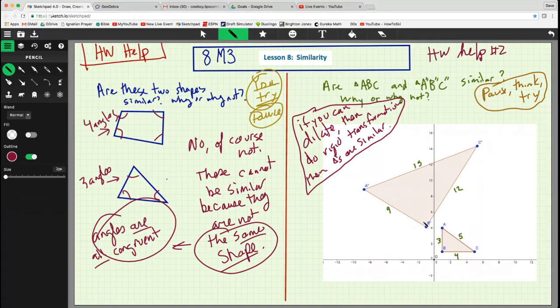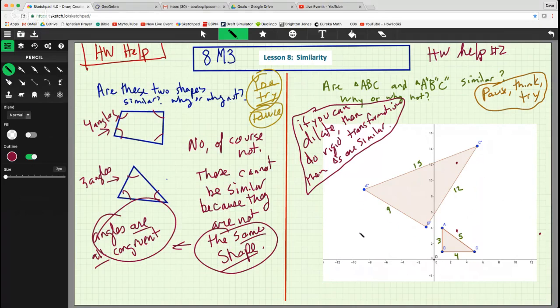Okay. So if I were to dilate this small triangle, you'd end up with a triangle that was something like this.